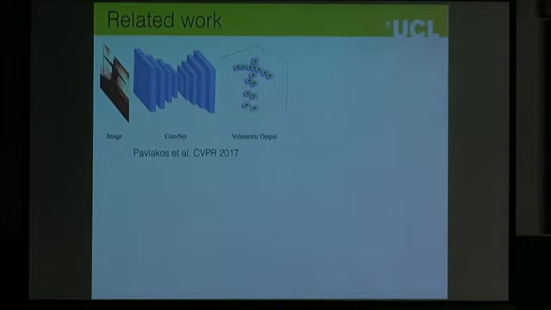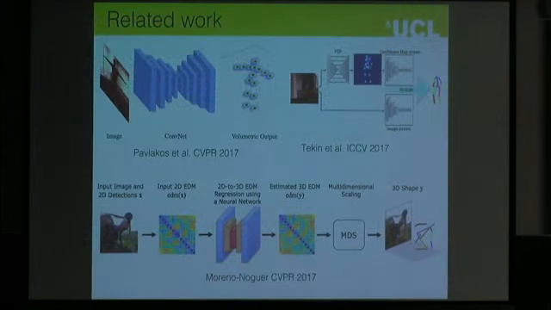In terms of related work, if you look at the current papers that are working on 3D pose estimation from a single image, you'll see that obviously all of them are using deep learning, but most of them are actually using 3D labels. So we have a data set where we have images, and we actually have 3D annotations of the skeleton for each of those images.